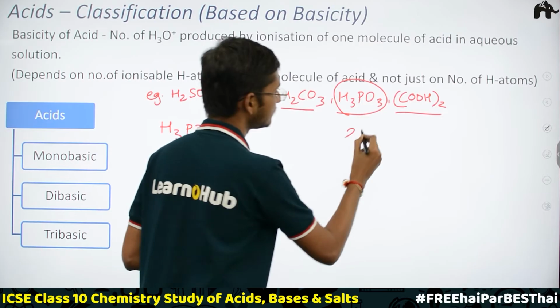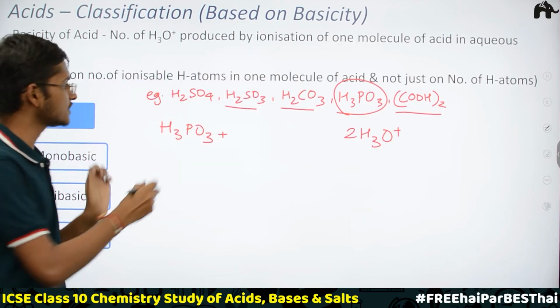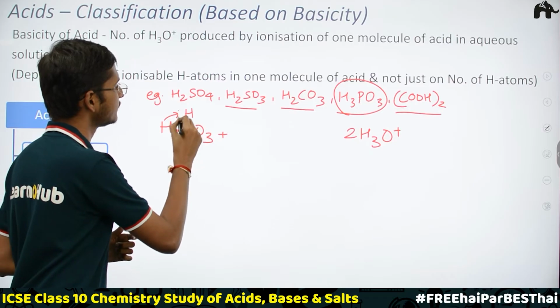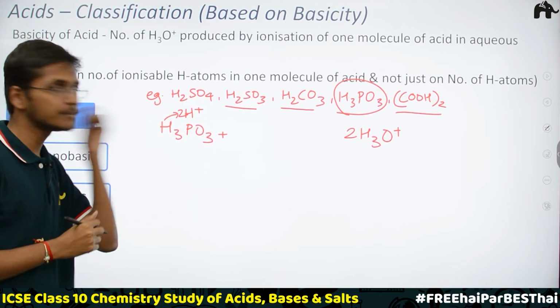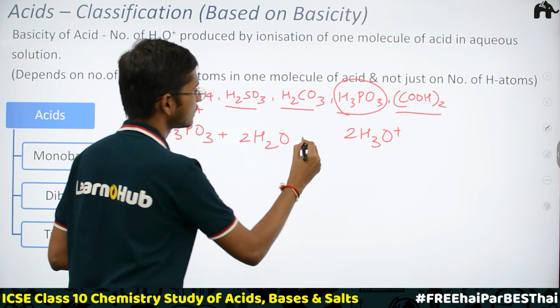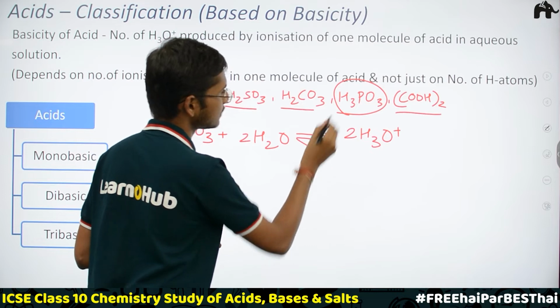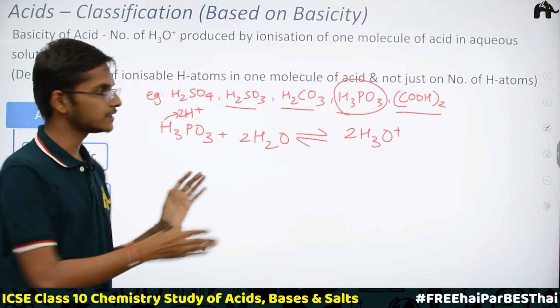So if only 2 H3O plus are going to be formed, you would have applied the logic that only 2 H plus ions would be given off from the H3PO3. The 2 H plus ions would be taken up by 2 water molecules. And since it is also a weak acid, leave that part, I don't expect you to write the arrow.